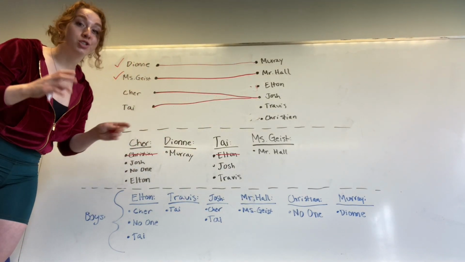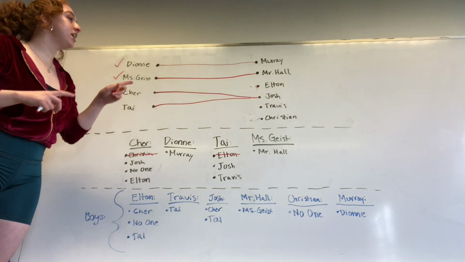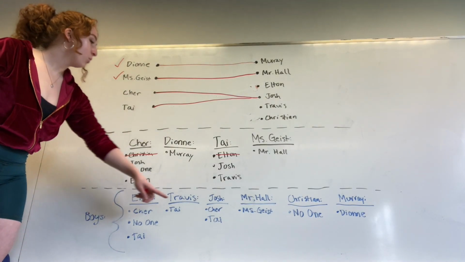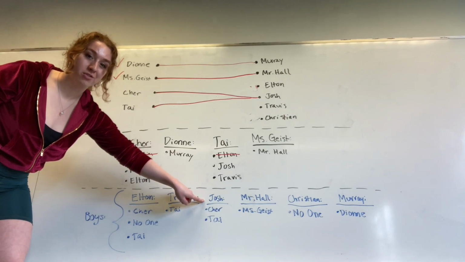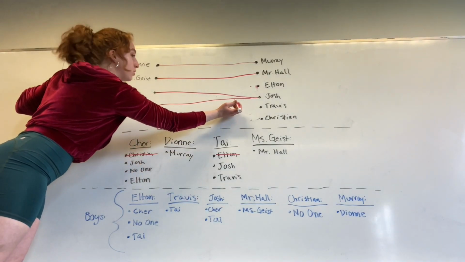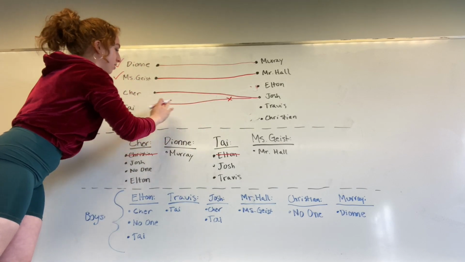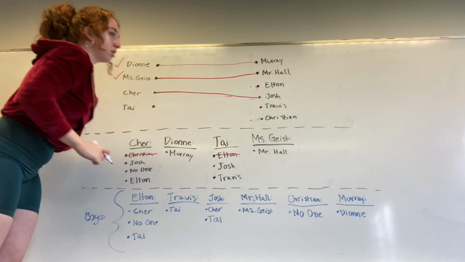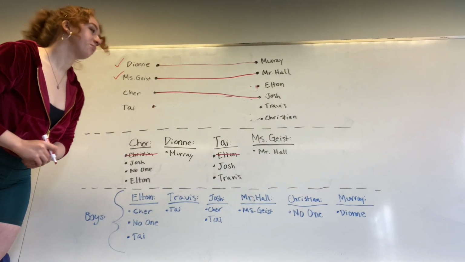So now, Josh must make a decision. He's going to choose his favorite girl out of the girls that asked him out. We see that Josh prefers Cher over Ty, so he is going to reject Ty and be paired up with Cher.